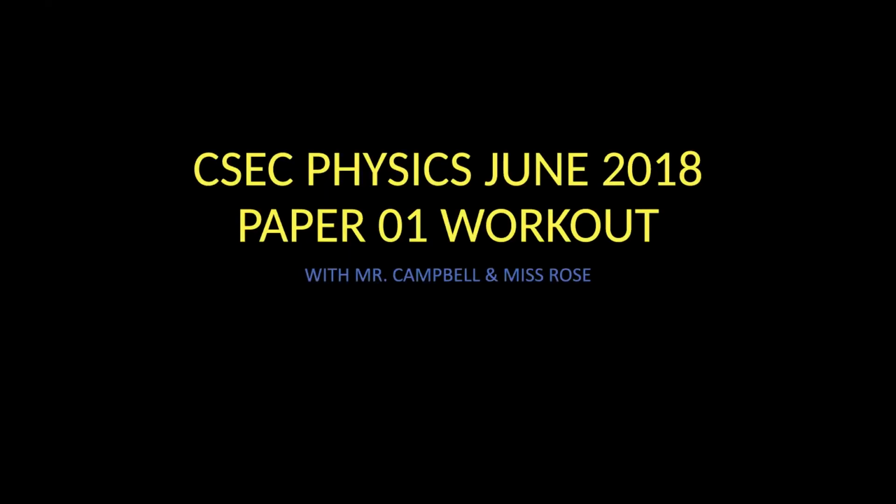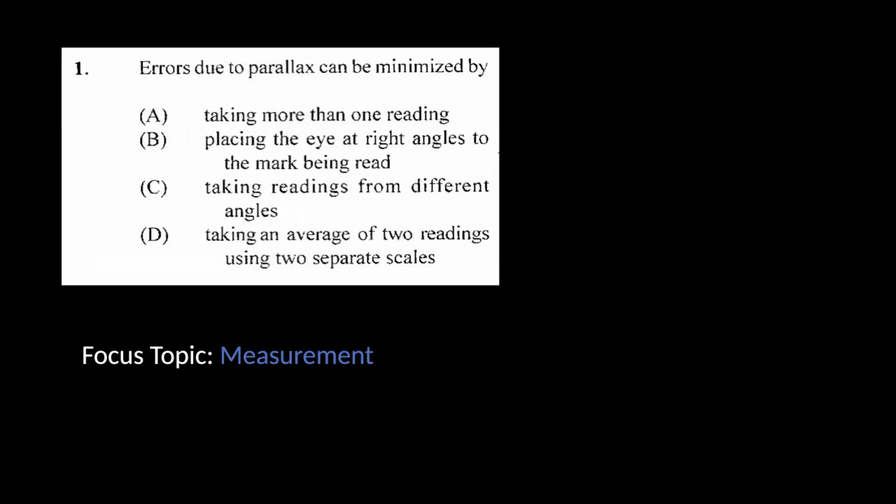All right, so the first question says that errors due to parallax can be minimized by, and we have the options there. Now this, as we see, the focus topic is measurement, and basically parallax error is one of those that if you have your eye at the incorrect angle, especially if you're looking at an analog scale, then you're going to get an incorrect reading.